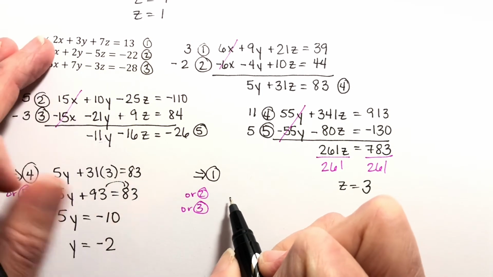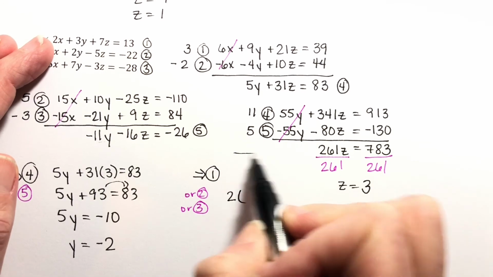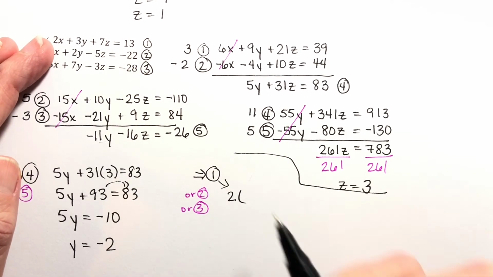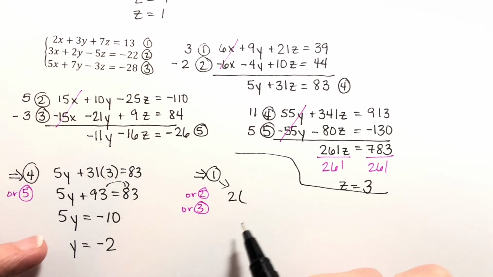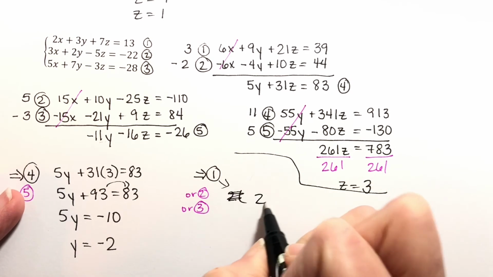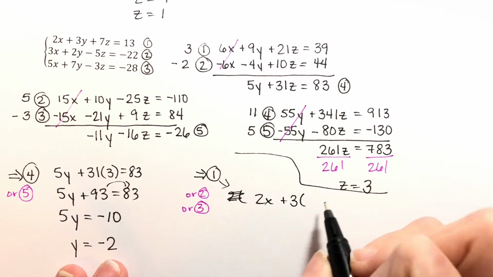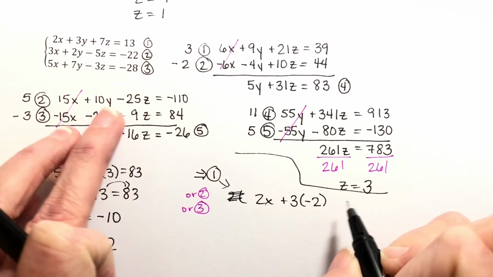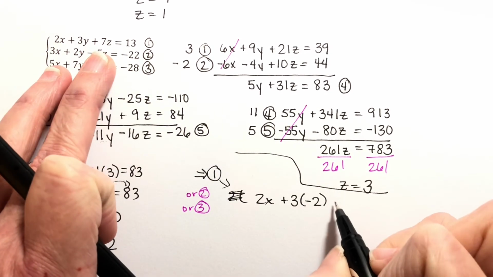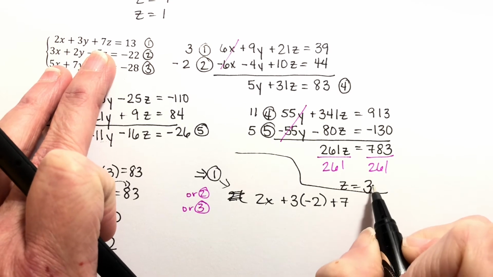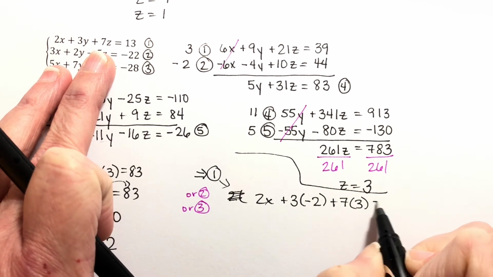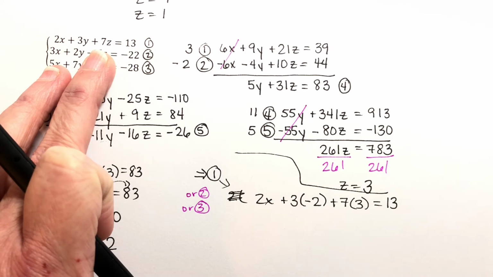This would be 2 times 2x, which is what we still don't know, plus 3 times y, which is negative 2, plus 7 times z, which is 3, is equal to 13.